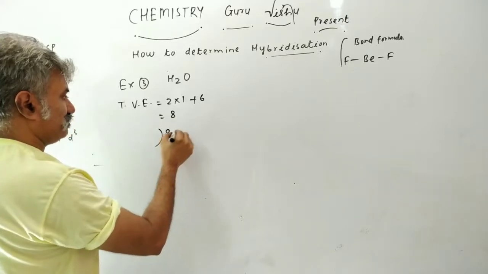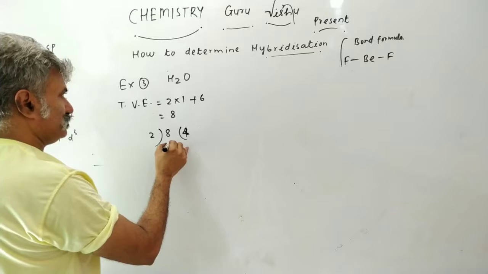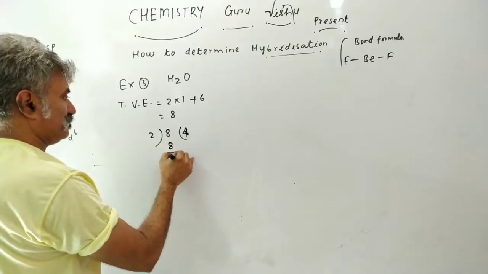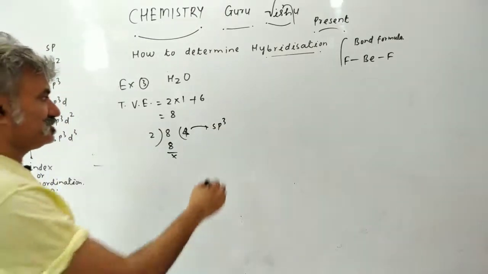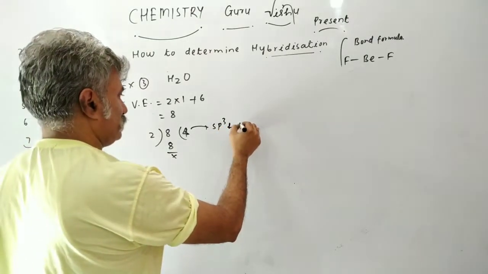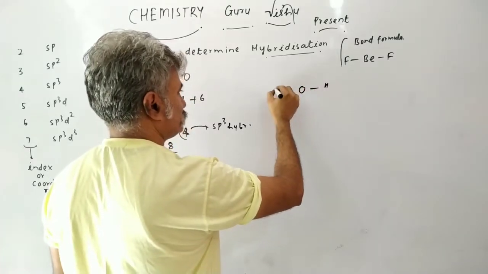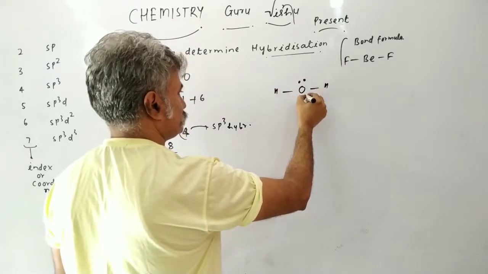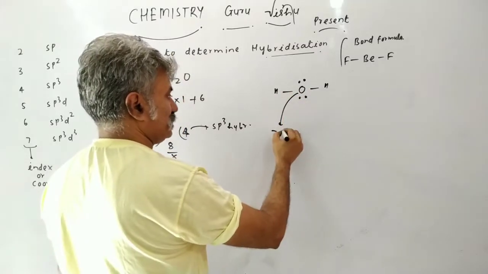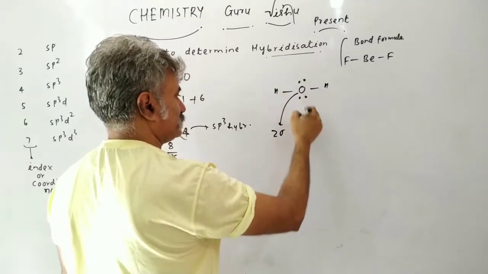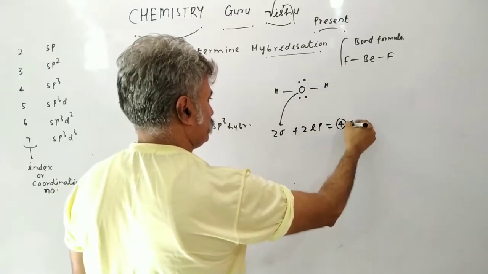So divide this 8 by 2. 4 means sp3. This is sp3 hybridization. Now my method. Central atom oxygen has 2 sigma bonds plus 2 lone pairs, total 4, hybridization sp3.